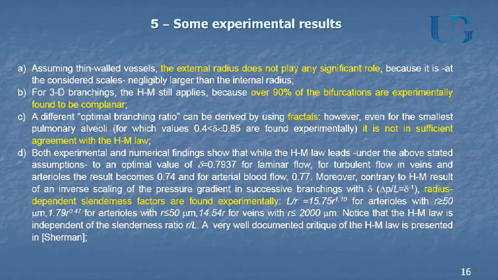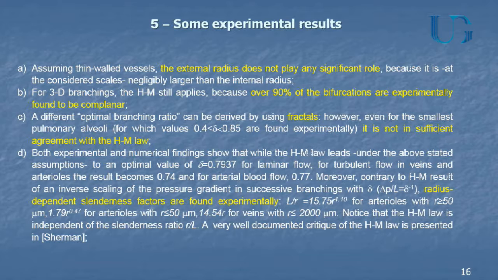Another objection was, yes, but the branchings might be three-dimensional. So you have a branch which goes like this, and then it branches this way. There were studies that showed that 90% of the real branchings are coplanar. They are really two-dimensional, in the sense the first branching goes like this.